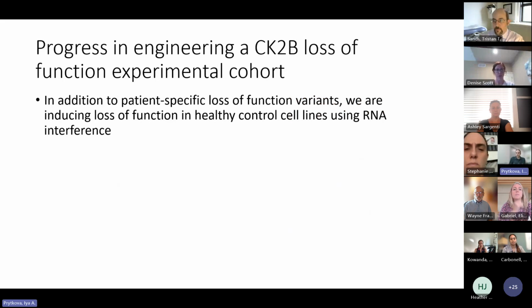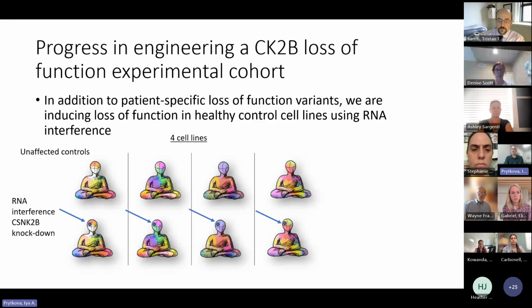In addition to a patient-specific loss of function, we are inducing loss of function in healthy control cell lines using a technique called RNA interference. So we have 4 cell lines derived from unaffected controls, and then we use a small piece of RNA that essentially prevents the translation, the making of the CSNK2B protein, and we introduce that across the board, thus creating another type of isogenic comparison.